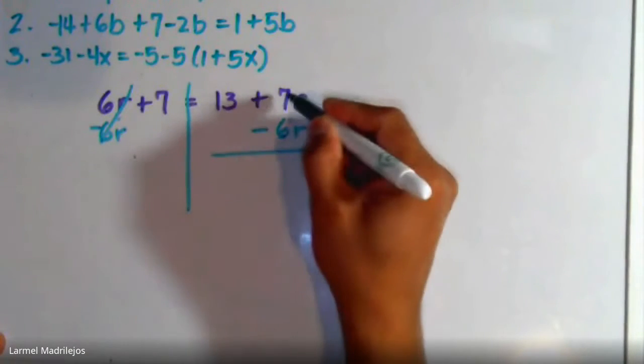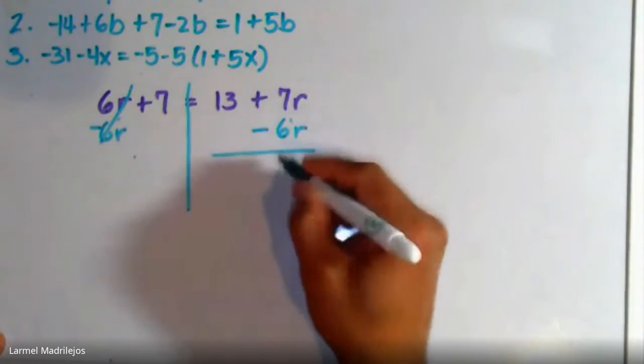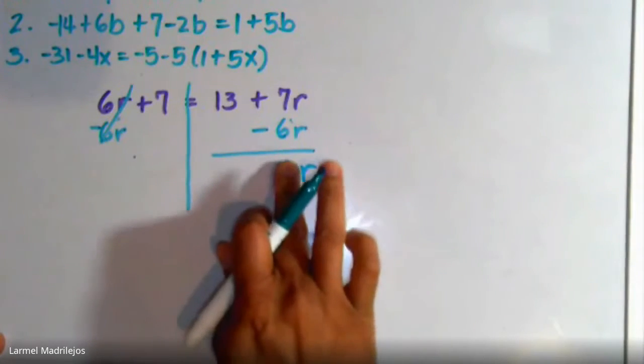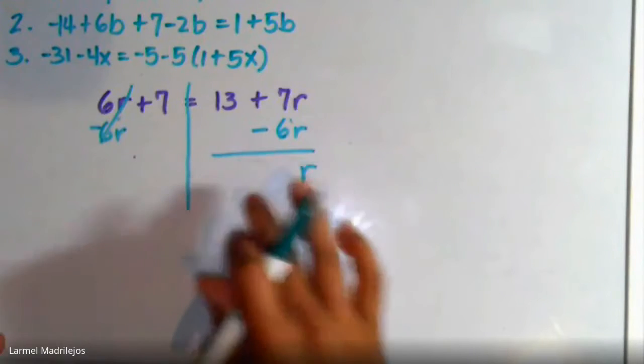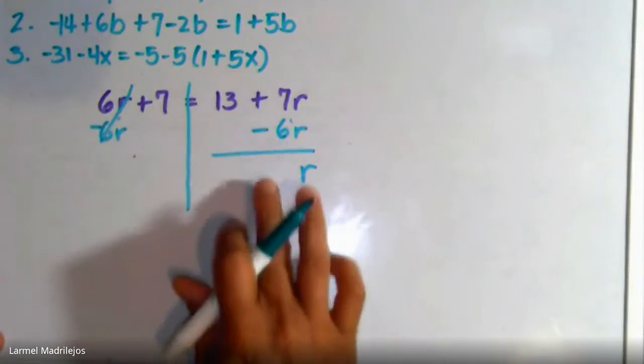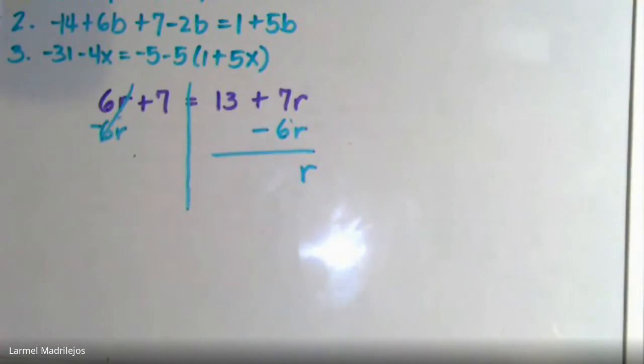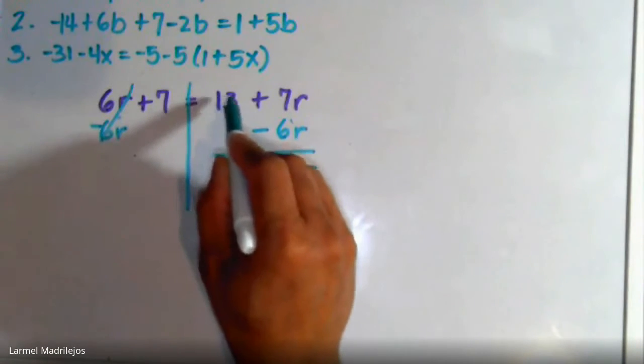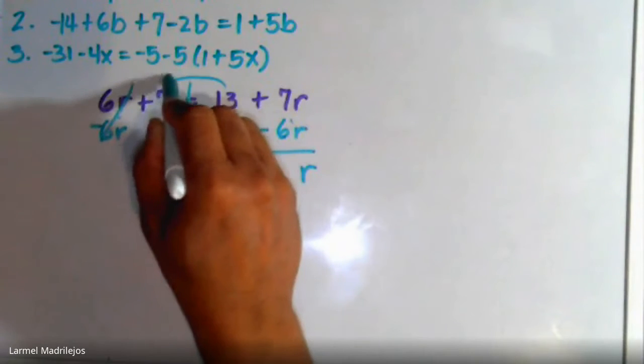So I subtract 7 minus 6. This becomes 1r, or just leave it as r. They're the same. 7r minus 6r is 1r. The next step is, I still have this number here. I need to move it to the other side of the equation.